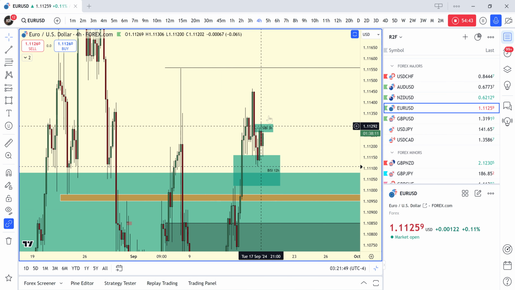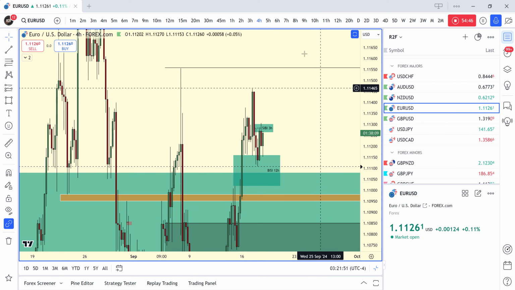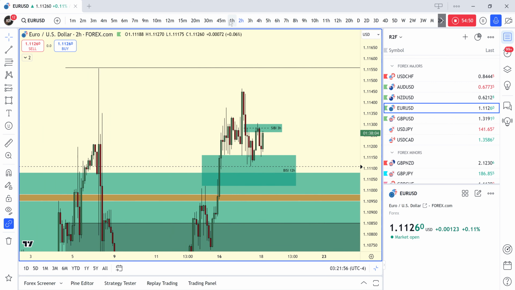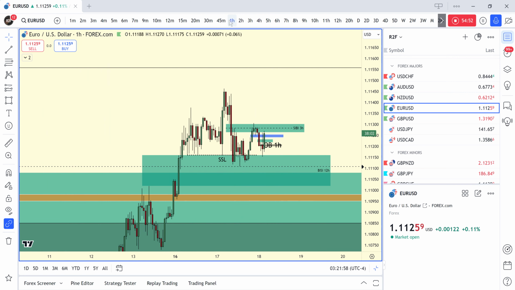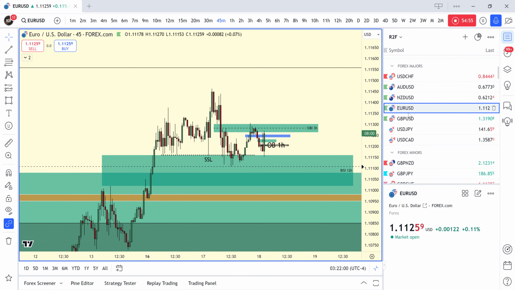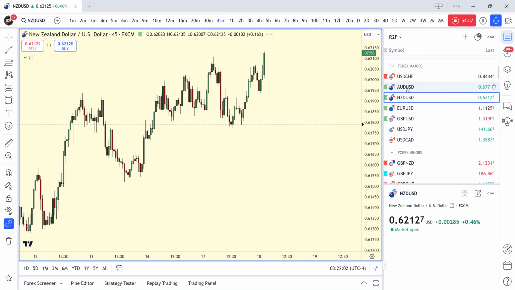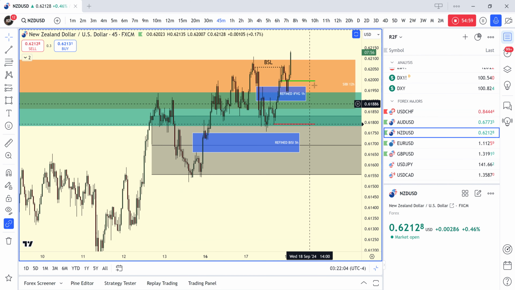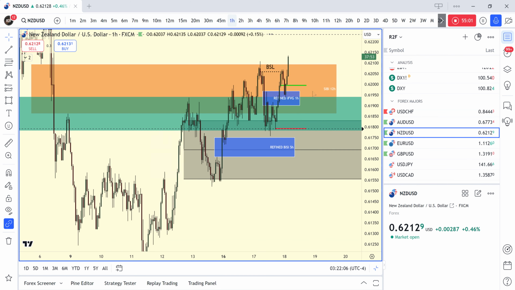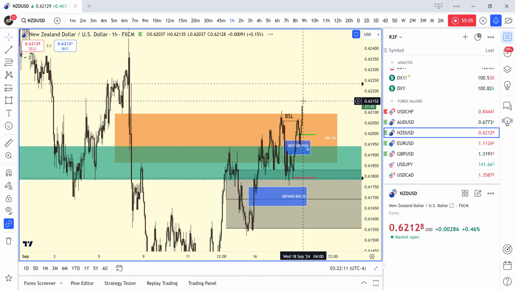Do we create a 4 hour order block here? Bullish order block, that is. Okay, nice. 1 hour. Find 1 hour fair value gap.